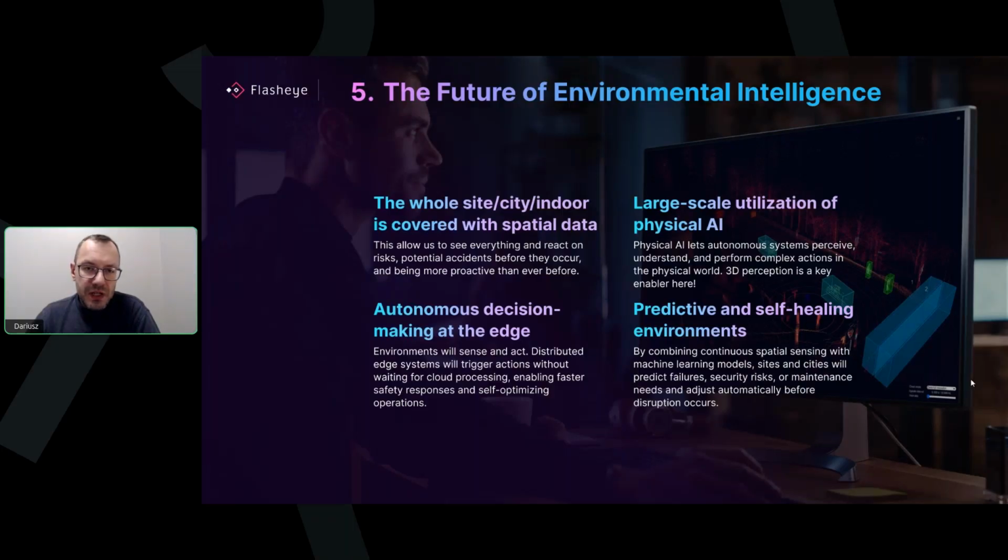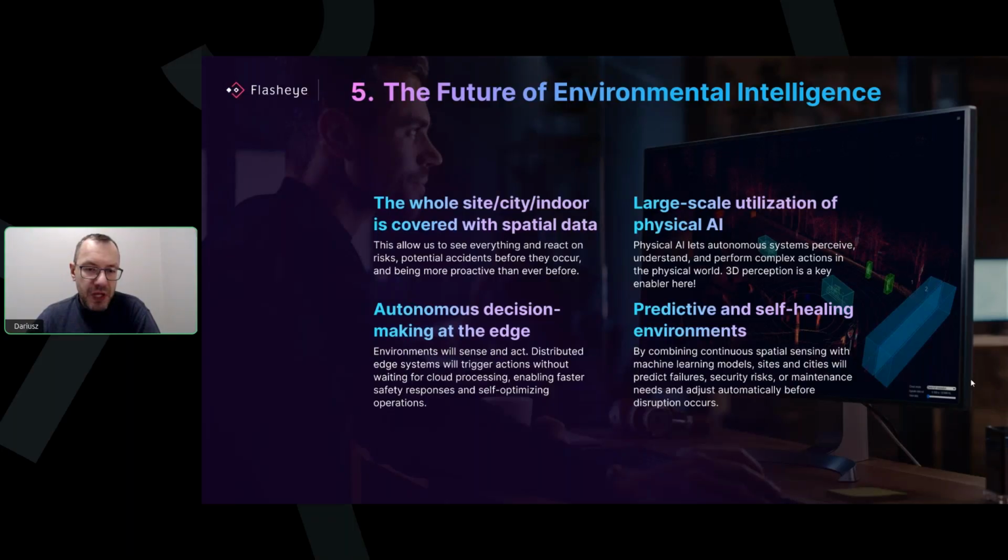And this is what we see as the future of environmental intelligence. As a whole site or city or indoor space is covered with spatial data, it allows you to see everything and react to risks and potential accidents before they occur, being more proactive than ever before.